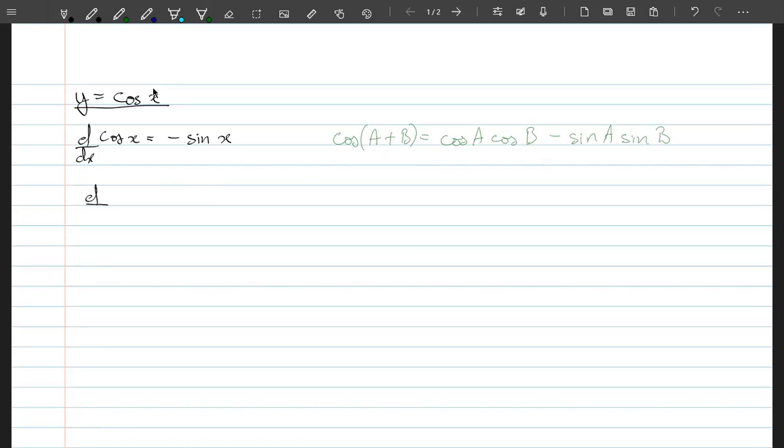So writing the expression for derivative of cos x in the limit form, we have cos of x plus h minus cos of x divided by h in the limiting case where h approaches 0. So now obviously you have to use this for expanding cos of x plus h.